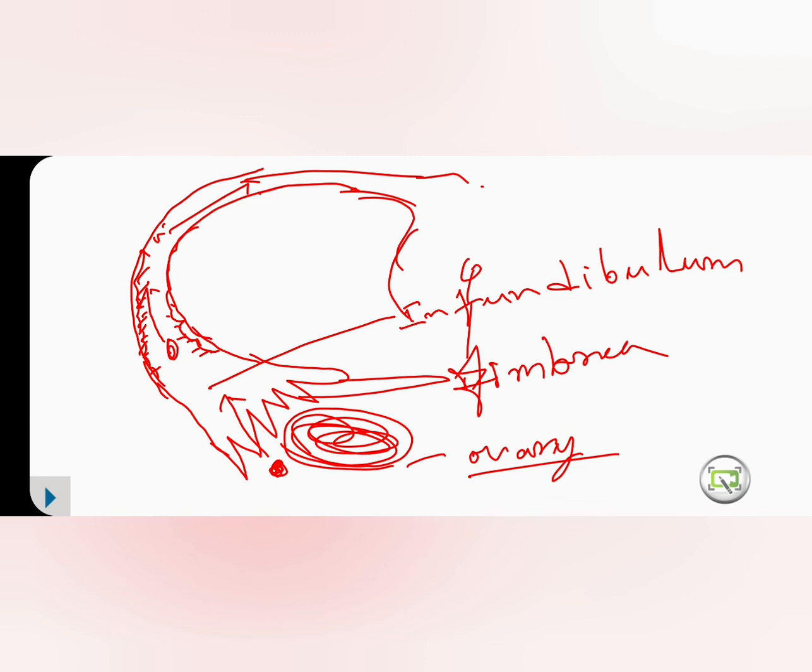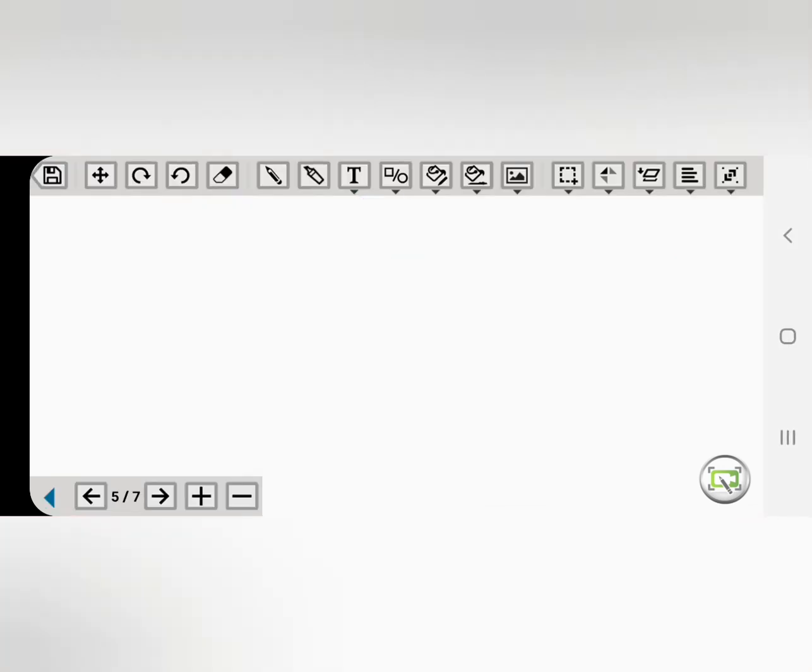And next, if we come to the uterus, the uterus is formed by the union of two ducts called fallopian tubes.